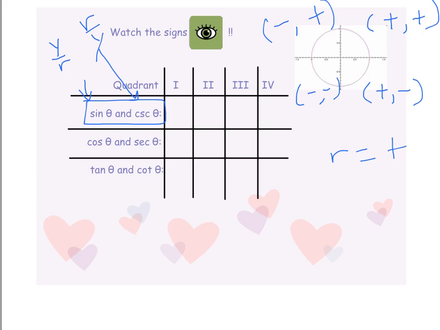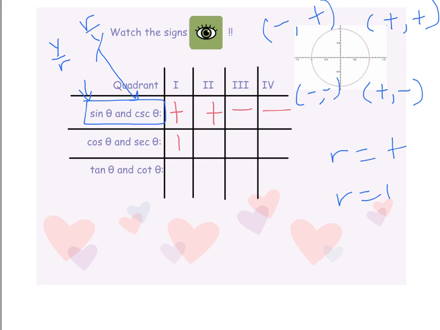In fact, if we're thinking of this by the unit circle, r is always 1, okay? So the reciprocals always match. So for this first one, we're really looking at the y-coordinate. In quadrant 1, y is positive. In 2, it's positive. 3, it's negative. And in 4, it's negative. Okay? Maybe you want to pause at this point and see if you can fill in the rest yourself.